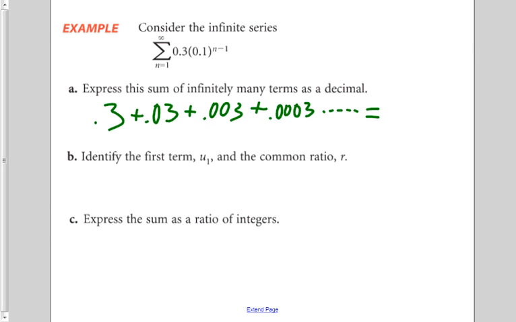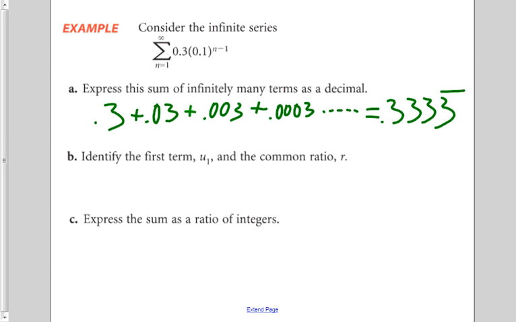In fact, this goes infinitely long. So if I were to add all these terms together, I'd get 0.3333 repeating. So my infinite sum would be 0.33333 repeating.